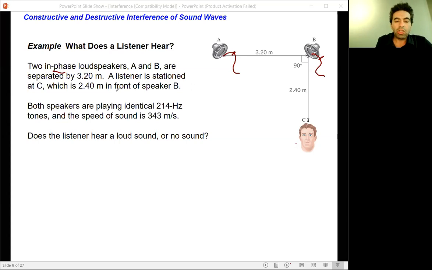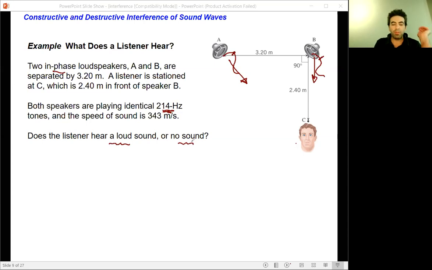The listener is stationed at point C, which is 2.4 meters in front of speaker B, and this is a right angle, 90 degrees. Both speakers are playing 214 hertz tones, and the speed of sound, the speed of the wave traveling in this direction, is 343 meters per second. The question is, does the listener hear a loud sound or no sound?